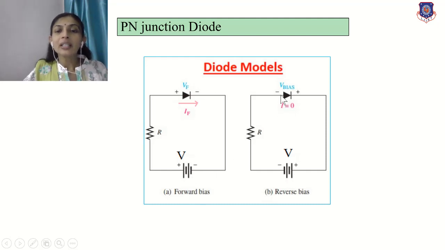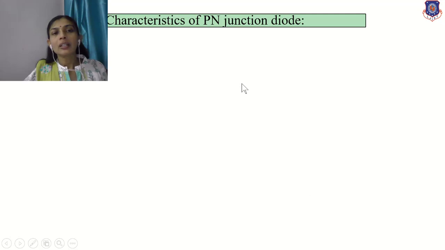Similarly, if anode is connected with the minus battery terminal and cathode is connected with the plus battery terminal, that is known as reverse bias connection. It's just a revision with the symbol. These are the circuits, where one resistance is connected in series with the diode. So these are the diode models.